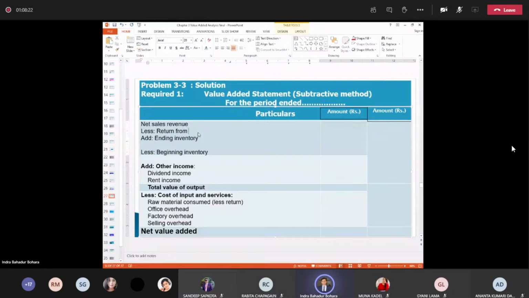You are given return from customer, that is sales return. Sales revenue is given in the question as 18 lakh rupees. Then less return from customer, which is 2 lakh, and you subtract, it is 16 lakh.